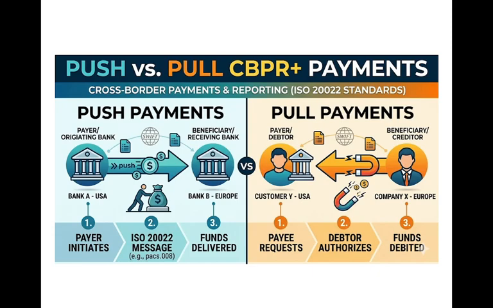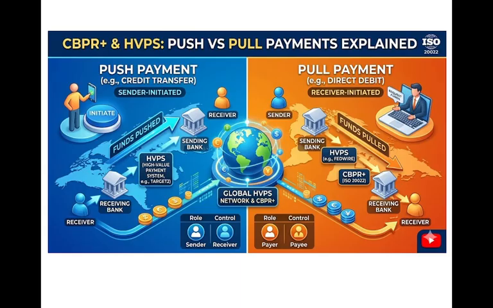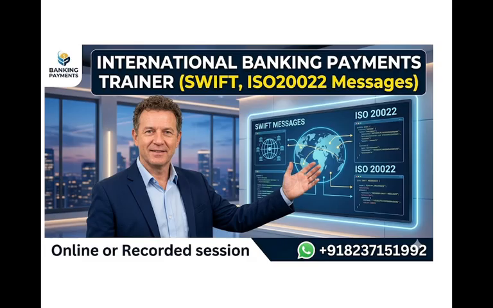Key message types: pacs.008 and pacs.009, customer credit transfers and FI to FI payments. pain.001, customer payment initiation, used for initiating pull payments. camt.xxx, cash management messages, used for reporting and tracking, such as camt.052, camt.053, camt.054. Benefits: CBPR Plus enables richer data, for example, more structured beneficiary details, better compliance screening, and higher STP, straight-through processing, rates.